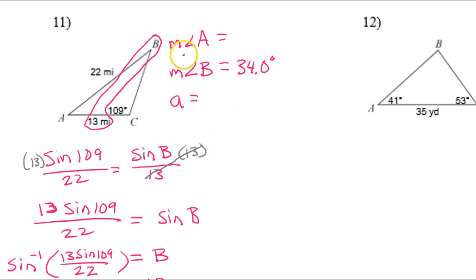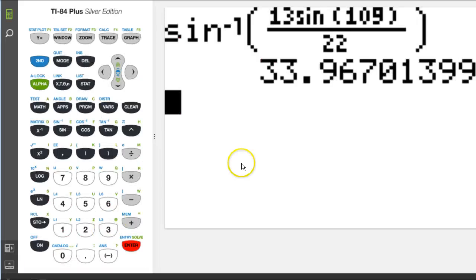So I could actually go ahead and find the measure of angle A right now if I wanted to. If I find the measure of angle A, I could subtract from 180. So if the measure of angle B is 34.0, if I subtract these two from 180, that'll give me the measure of angle A. However, you know what?